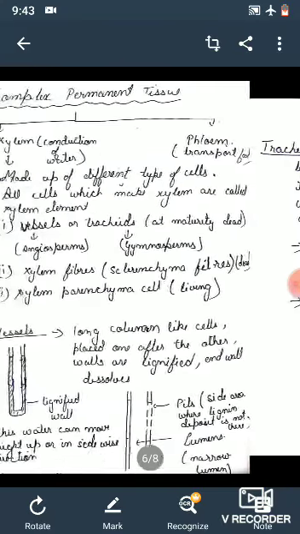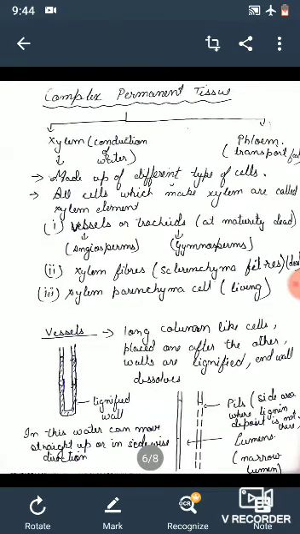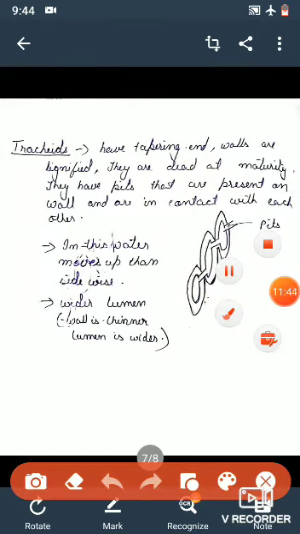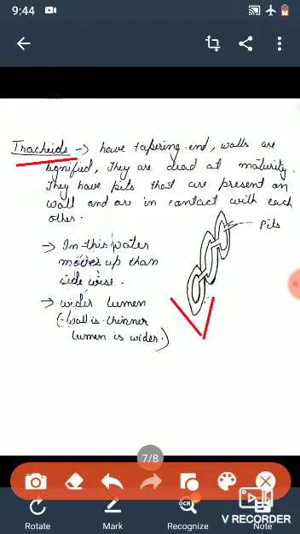We have studied xylem vessels, which are present in angiosperms. Now we will study the xylem tracheids, which are present in gymnosperms. In this type of shape they have tapering ends, and the walls are again lignified. They are dead at maturity, and they also have pits on the wall that are connected with each other.